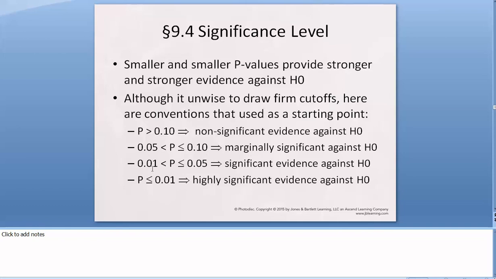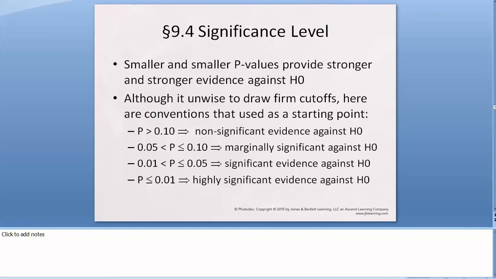If p falls between 0.01 and 0.05, so the p-values keep on decreasing this way, then you will say HA is significant. Now if p is very much less than 0.01, then you will say HA is highly significant.